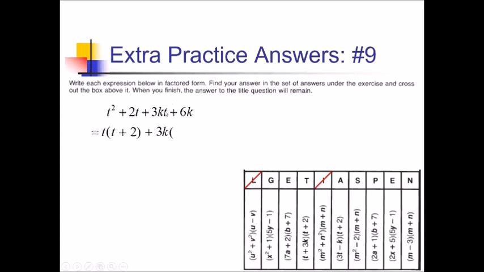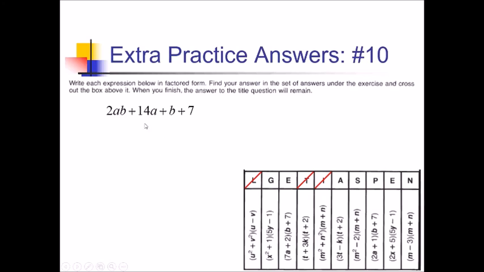That leaves me with just a t for that first term, and then 6k divided by 3k is just 2, so plus 2. So that means my t plus 2 is a common factor that I can take out. And then we have a t and a plus 3k that goes next to it. So that looks like it's going to be this t right here. Let me cross that one off.